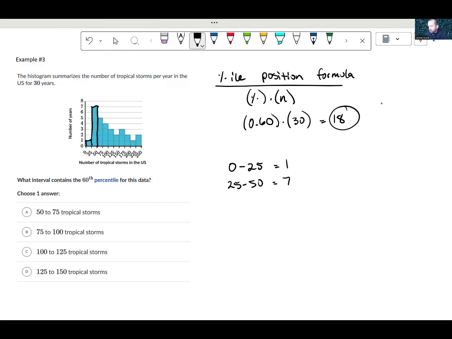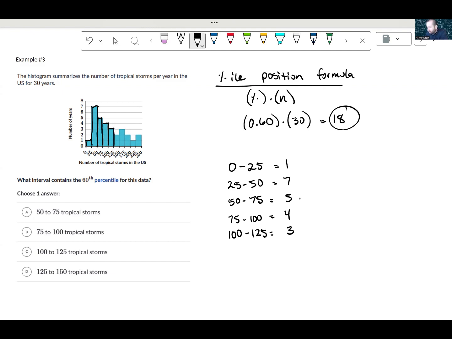So this is 7. From 50 to 75 is 5. From 75 to 100 is 4. From 100 to 125 is 3.